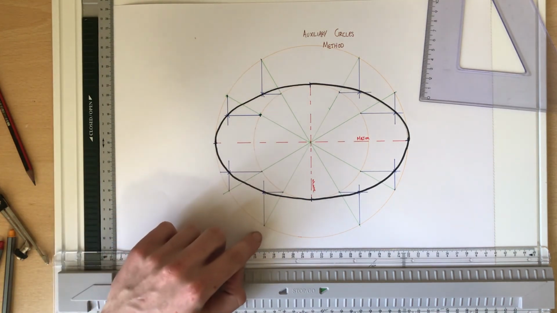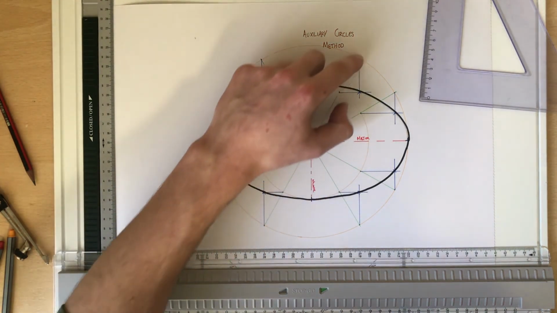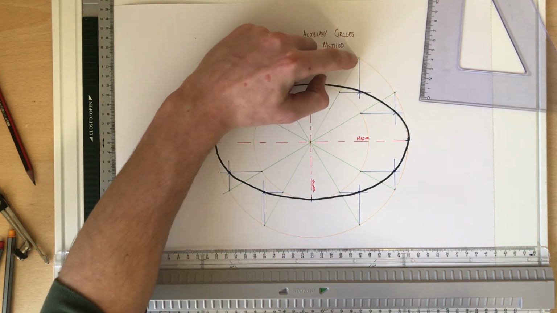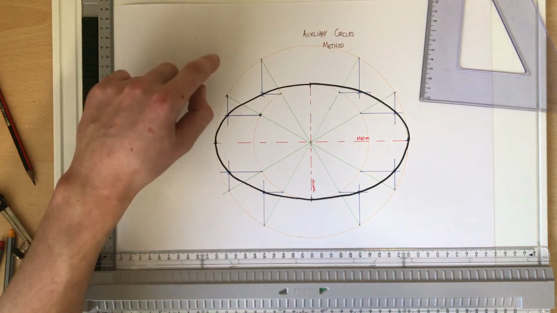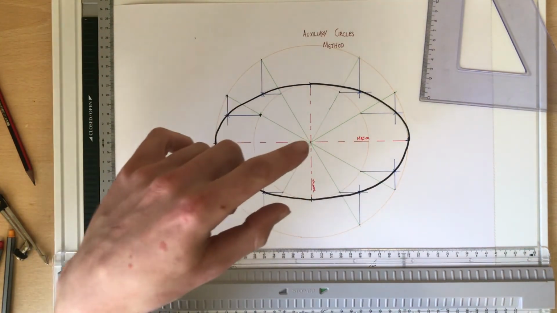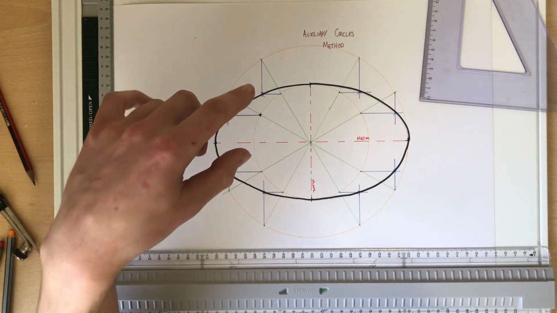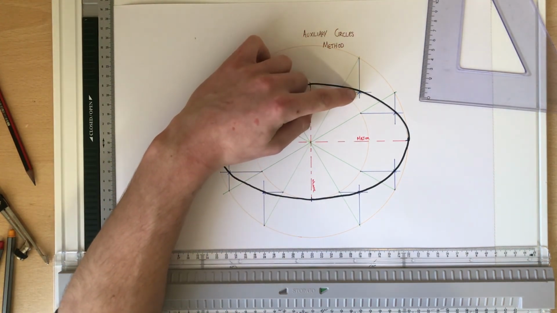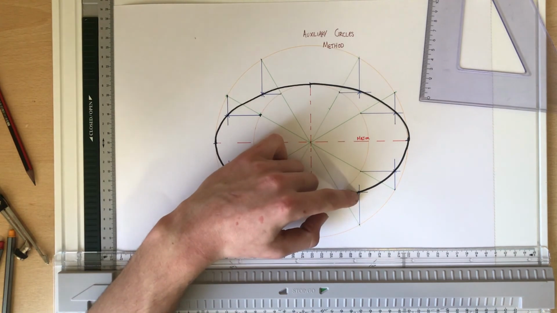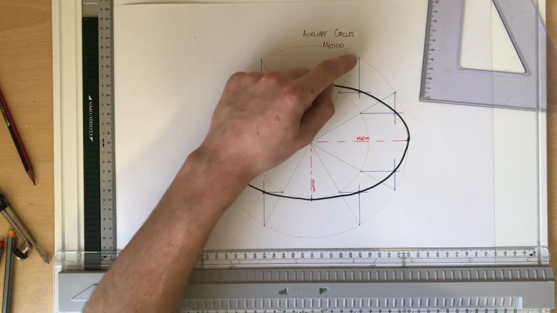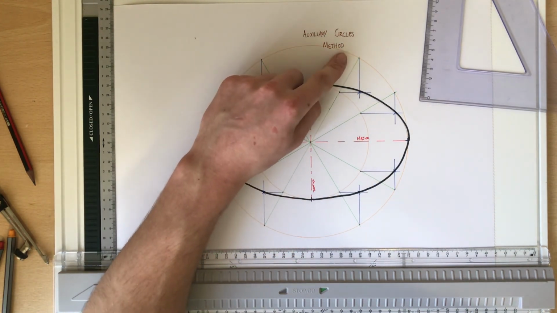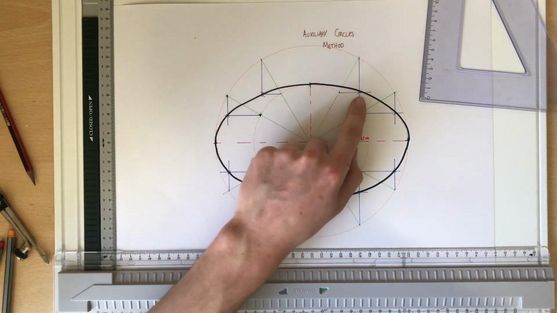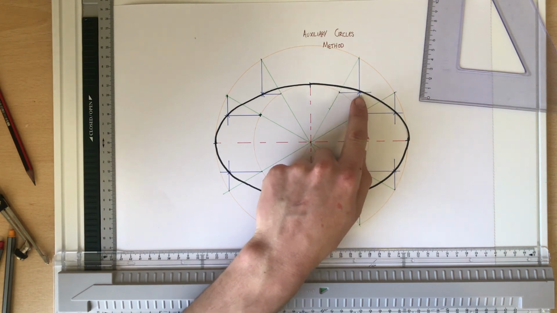We drew in our lines that cut both the minor and major auxiliary circles all around. We drew a vertical line from where it hit the major auxiliary circle, and we drew a horizontal line where it hit the minor auxiliary circle.